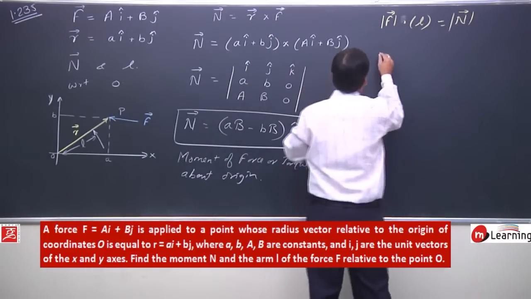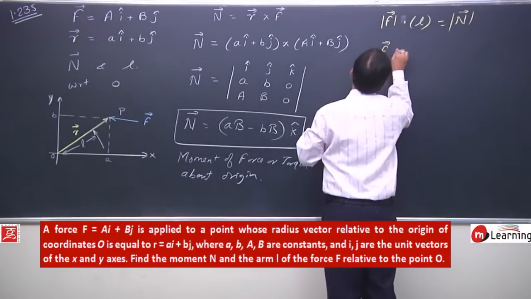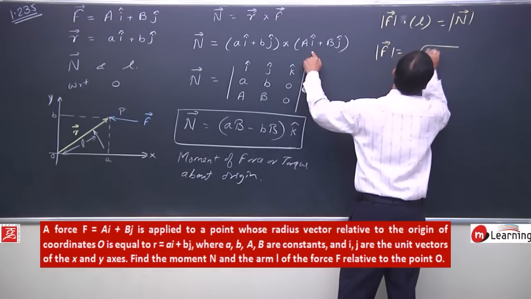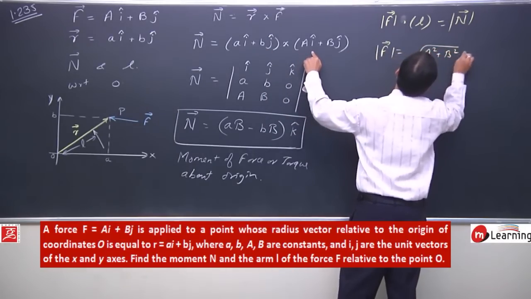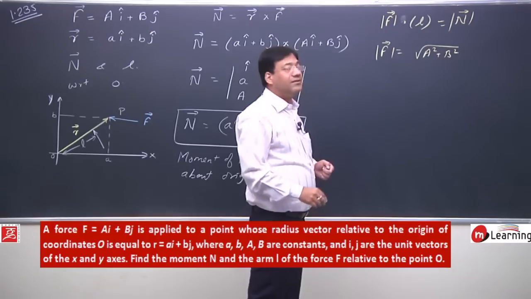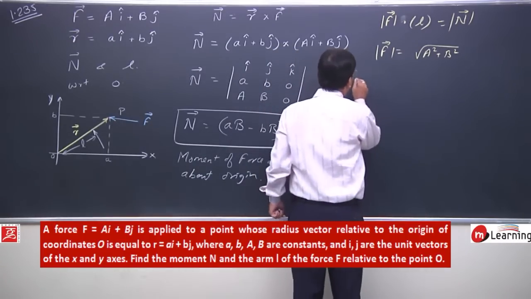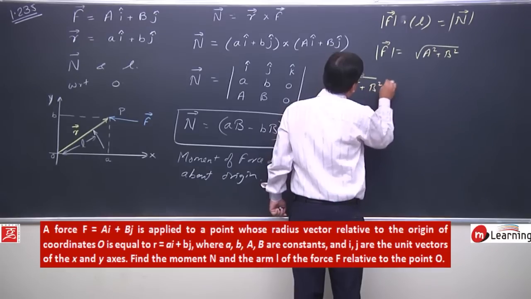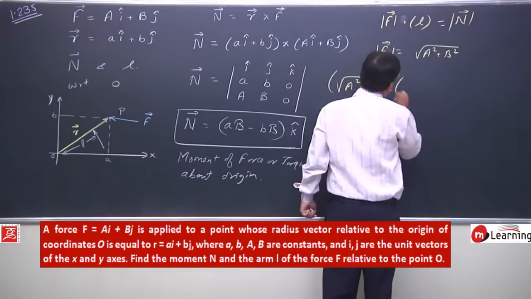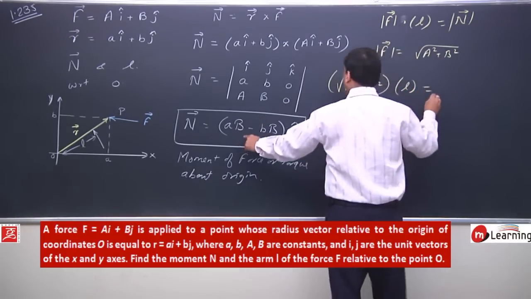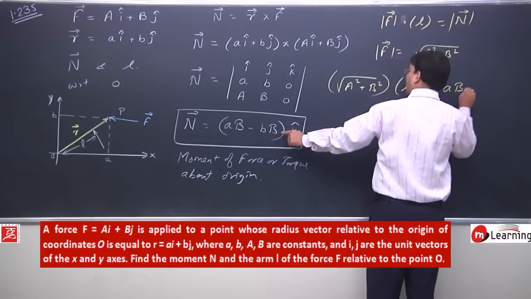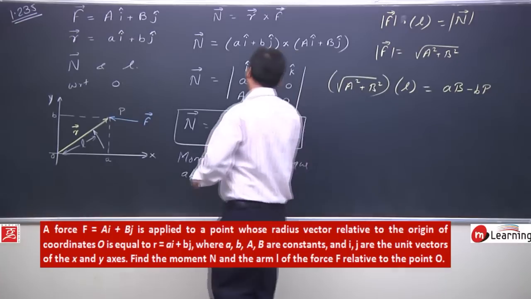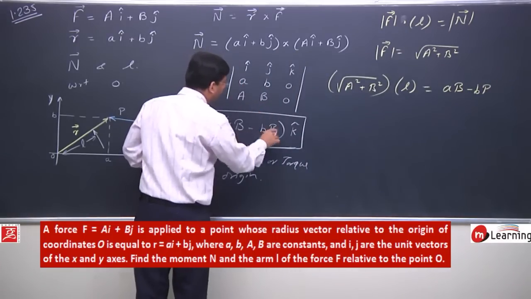Mod of force is under root of A square plus B square. Mod of force into arm length L must give us the same magnitude of torque, AB minus BA.